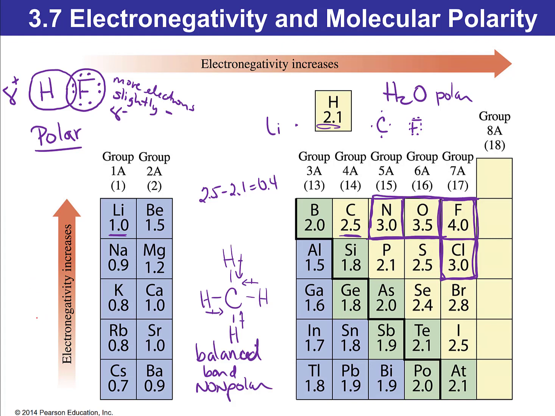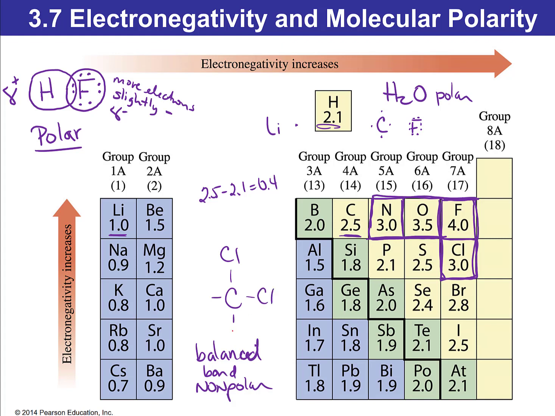So tetrahedrals, if they have an even number of the same single-bonded atoms attached, like CH4, like CCl4, carbon tetrachloride, that other one that we did, we could put chlorines here. Chlorines, on the other hand, would pull the bonds the other direction because chlorine's a 3.